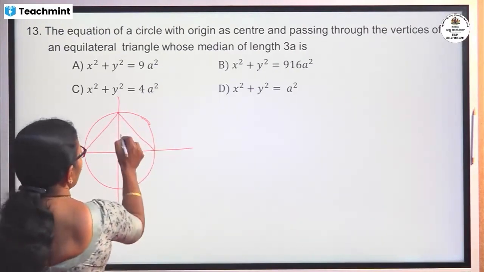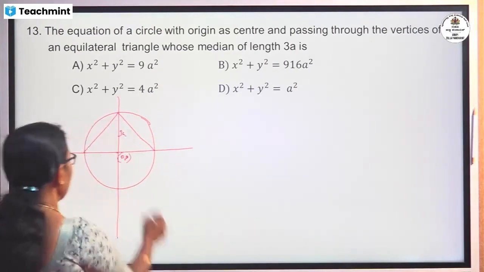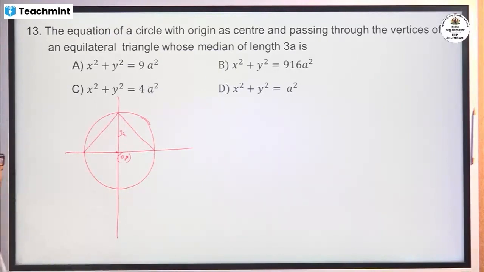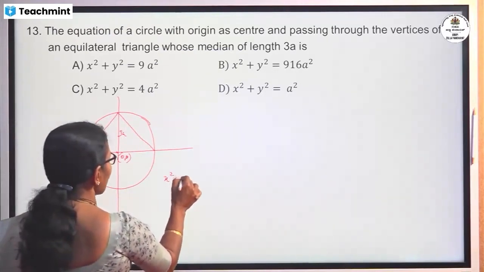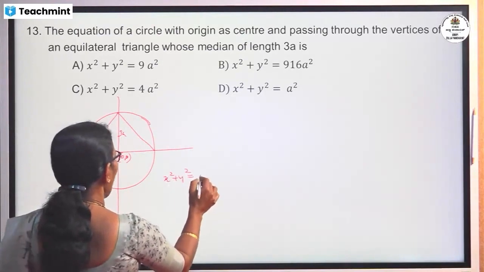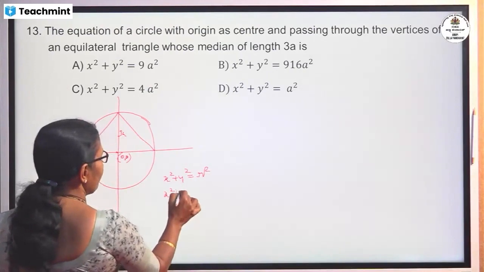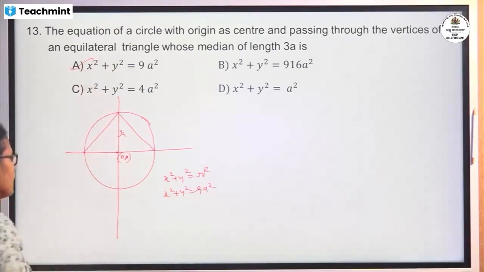This is the median of length 3a, from the vertex to the midpoint. So the equation of the circle is x square plus y square is equal to r square, that is x square plus y square is equal to 9a square. That is, A is the correct option.